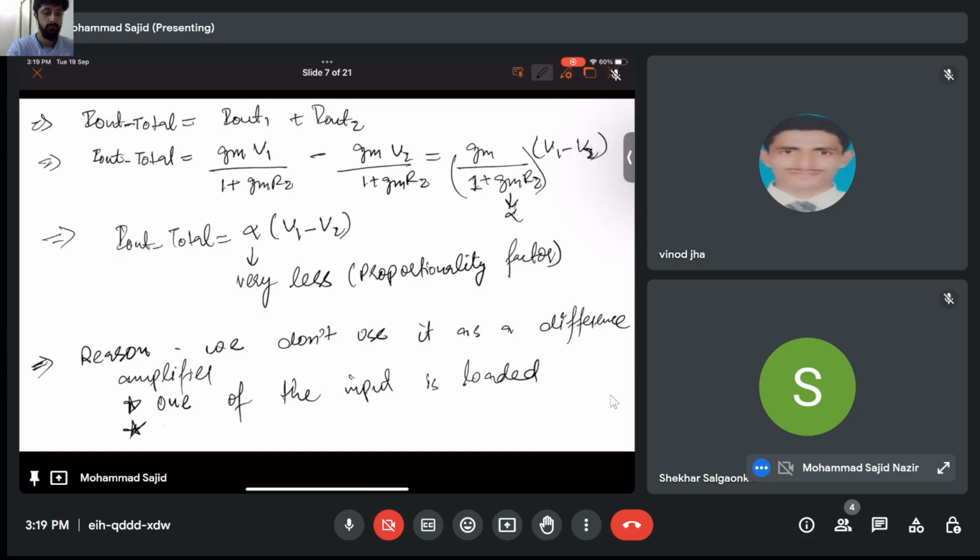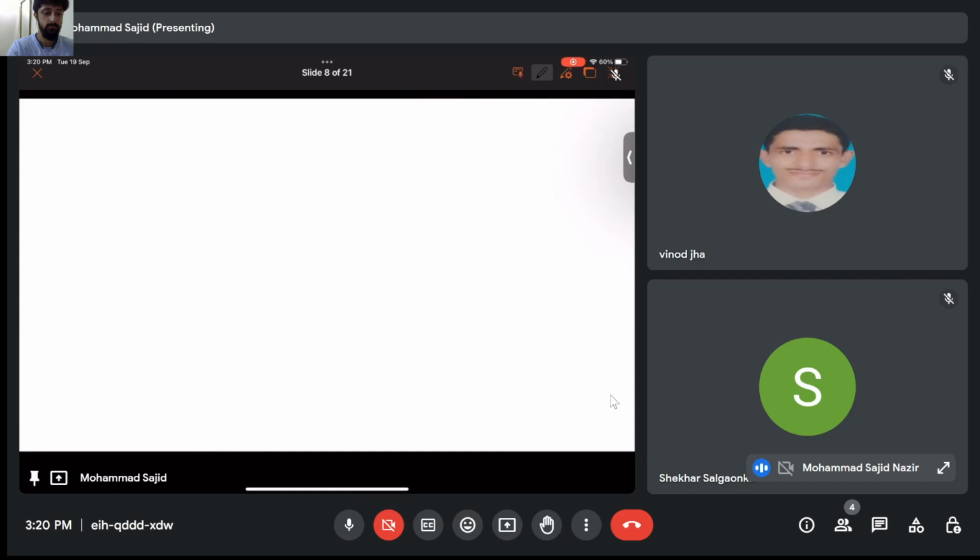And second is sources, okay? And the proportional factor is not high enough. So what we use is an alternative.